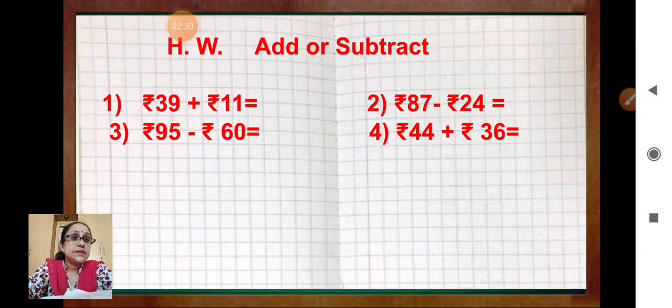Question 2, rupees 87 minus rupees 24 equal to. Question 3, rupees 95 minus rupees 60 equal to. Question 4, rupees 44 plus rupees 36 equal to.